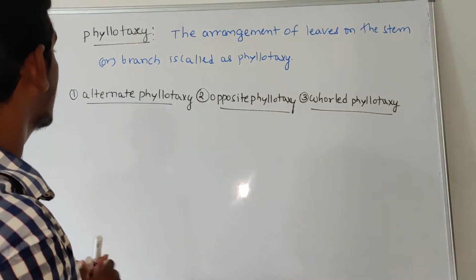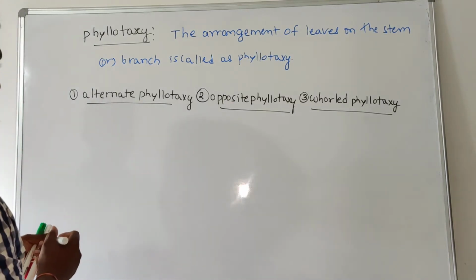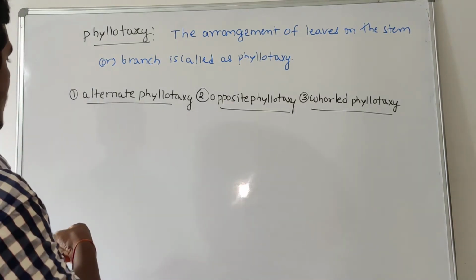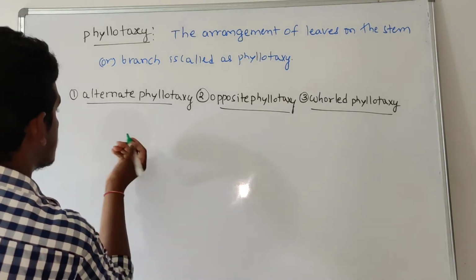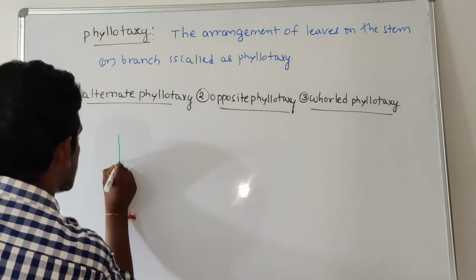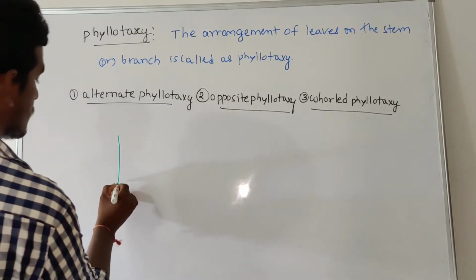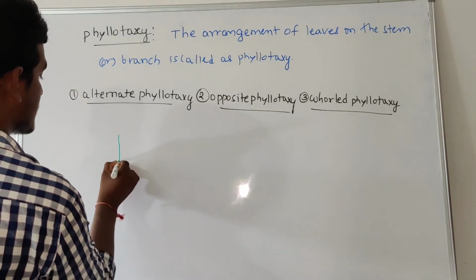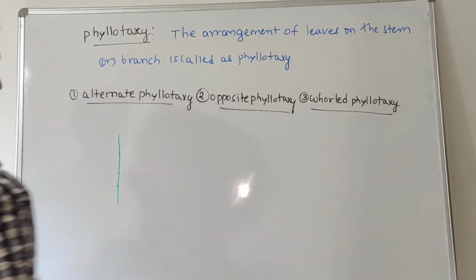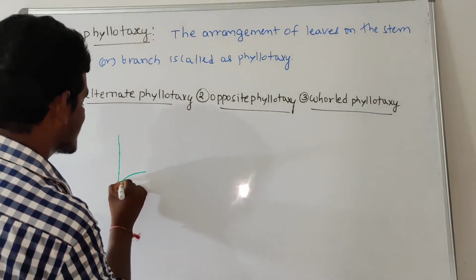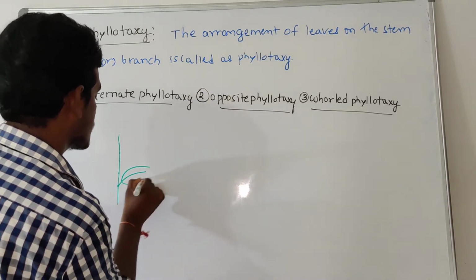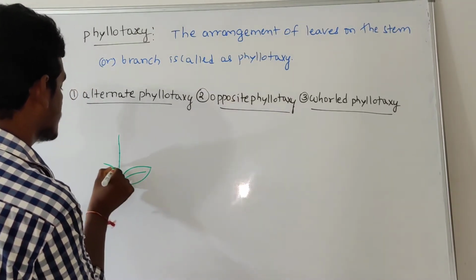So how are the leaves arranged in alternate phyllotaxy? We already know about alternate phyllotaxy, right? See, it is a stem. What is the characteristic feature of a stem? It has nodes and internodes. At every node, it will produce a single leaf in alternate manner.